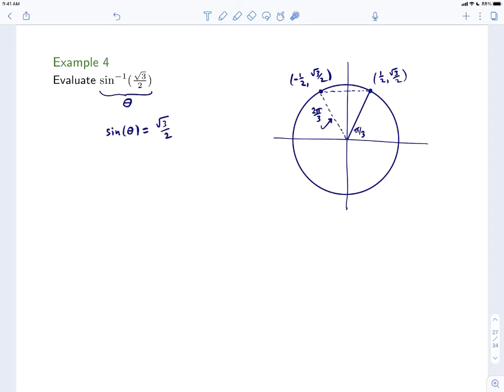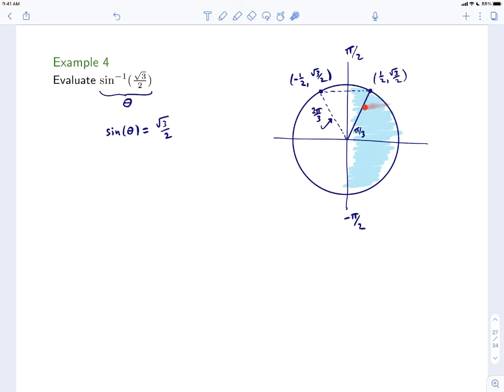The inverse of sine is the inverse for a restricted domain of sine. Remember, the domain of sine has been restricted to minus pi over 2 to positive pi over 2. That means we're only looking for angles that will land you on the right side of the circle. So we're thinking now of this angle as minus pi over 2, and this top angle is pi over 2.